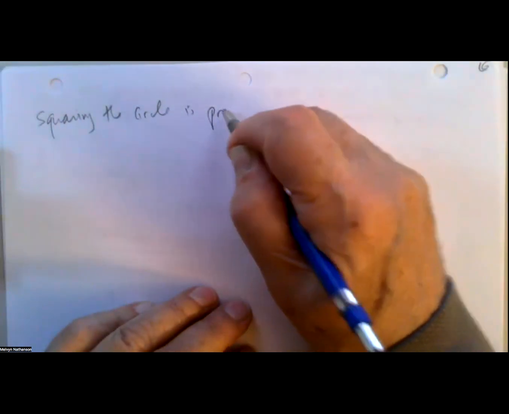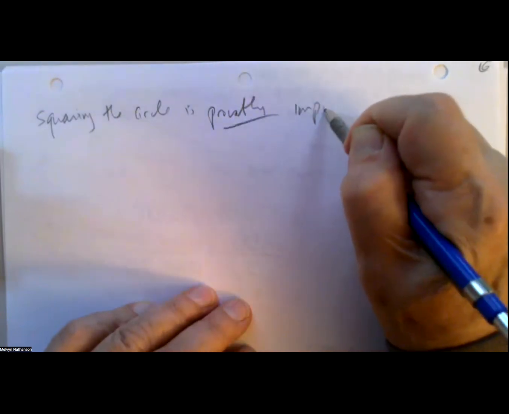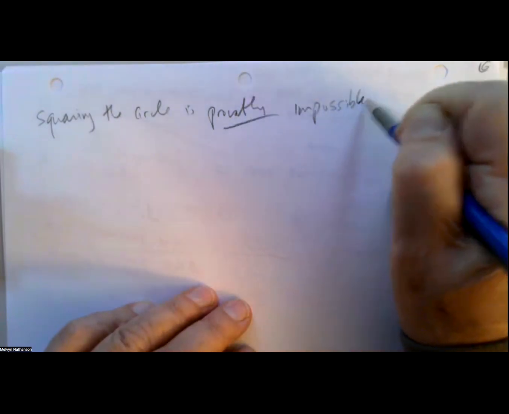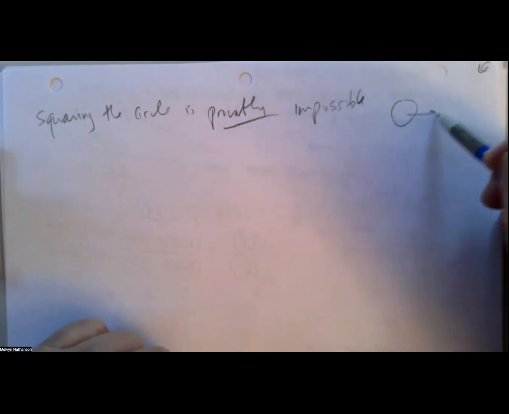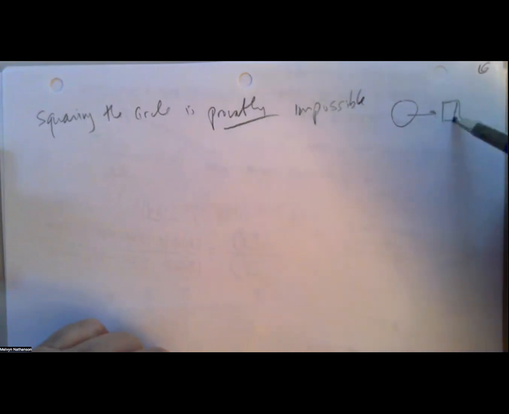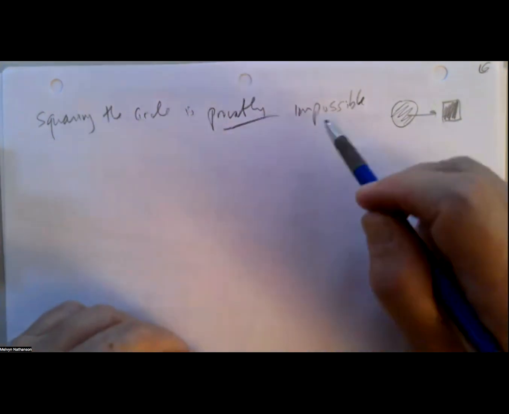Let me just emphasize, this is provably impossible. So you have a circle and you want to construct a square with the same area, and it can't be done. Construction with ruler and straight edge and compass. It cannot be done.